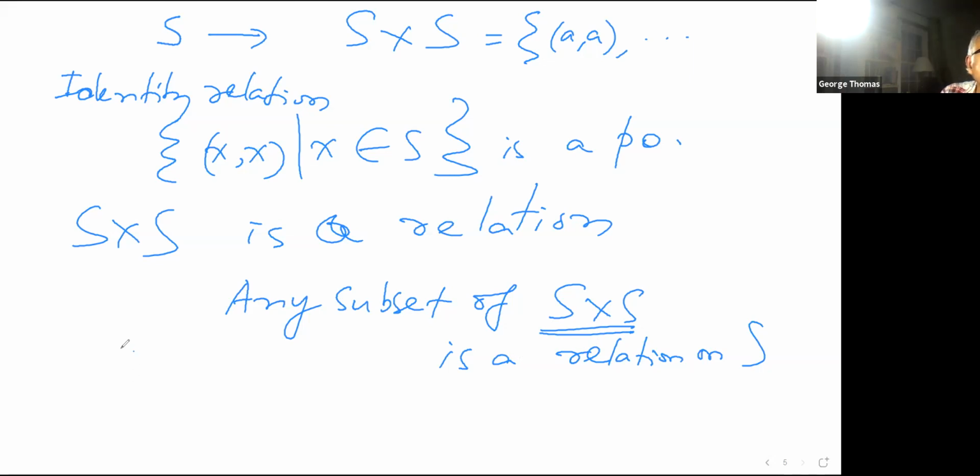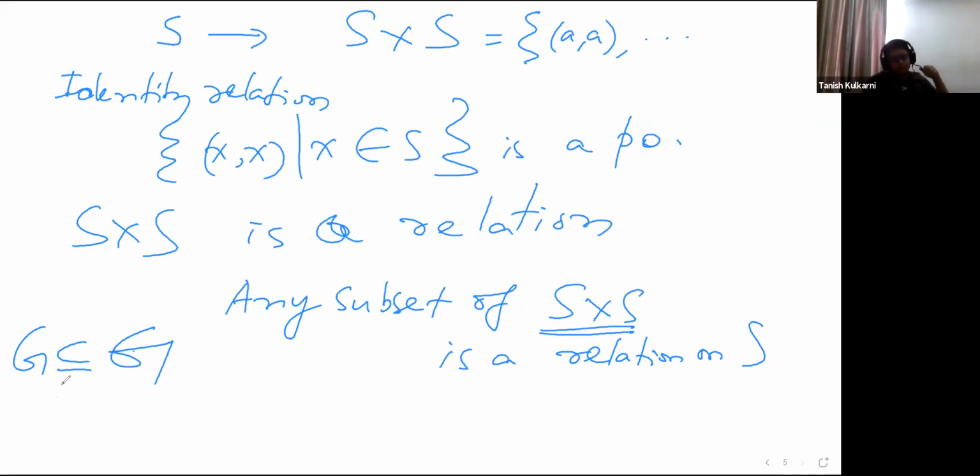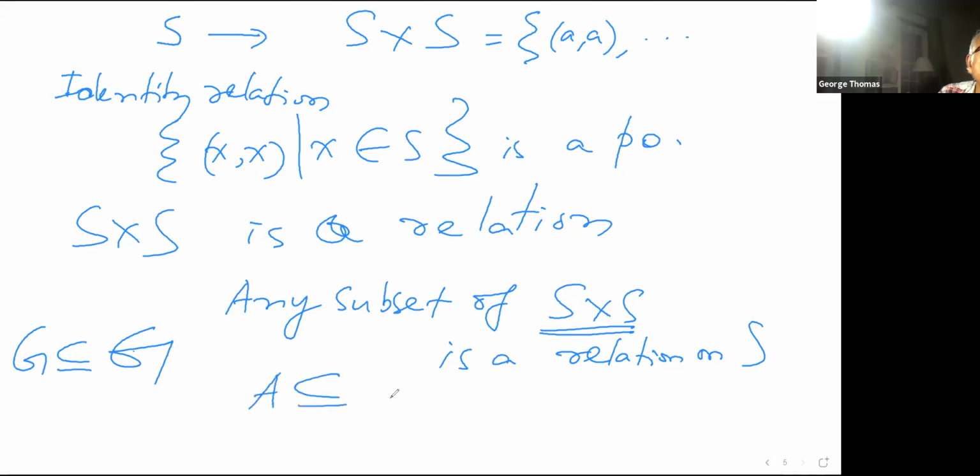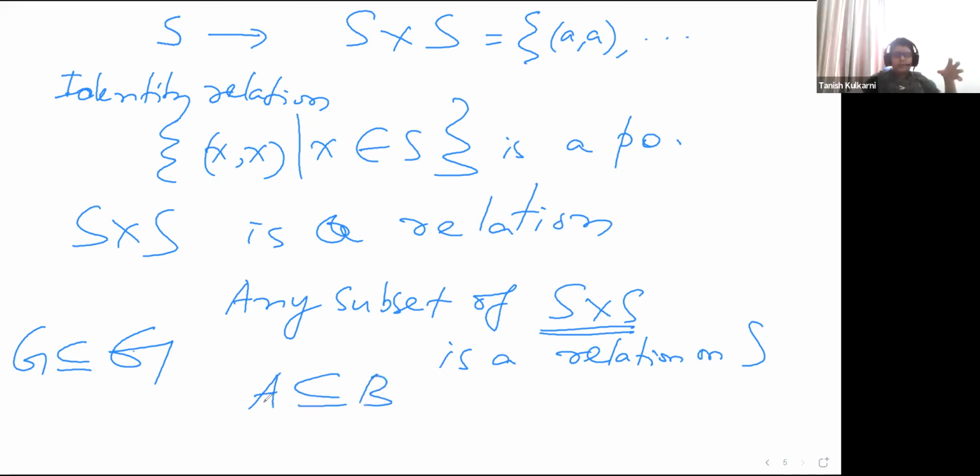Suppose you take a set, let's say G. Is G a subset of G? What do you mean by subset? Any whole thing is in the main set.